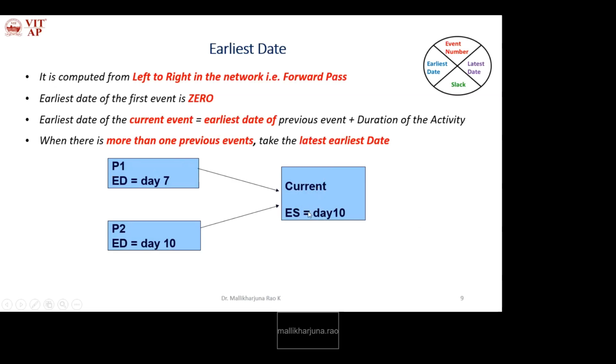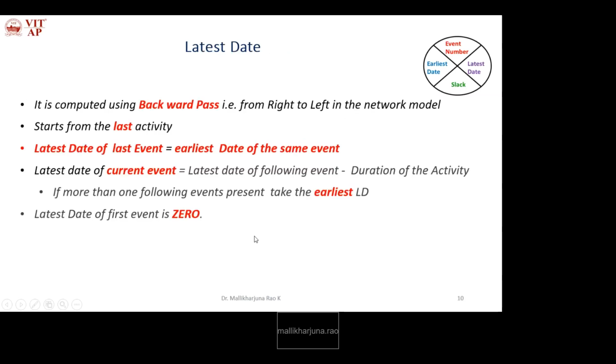It is the latest earliest date. Which one is the latest earliest date? Day 10 is the latest earliest date, so that would be the earliest date of the current event. Here we are also adding the event's early date with the activity duration. We'll see this in a problem in coming slides.